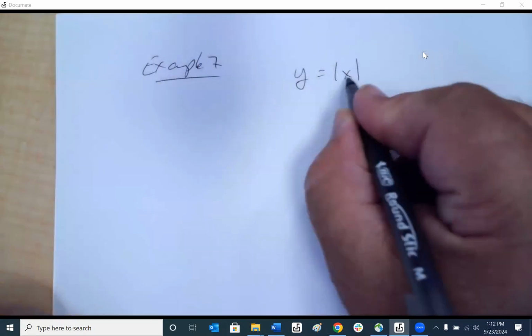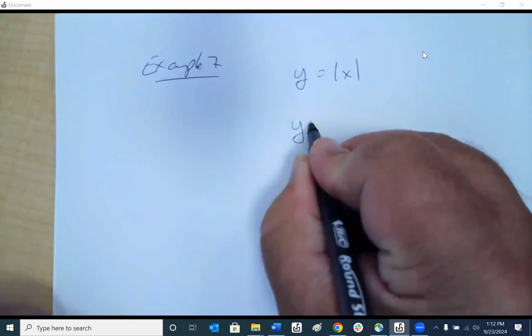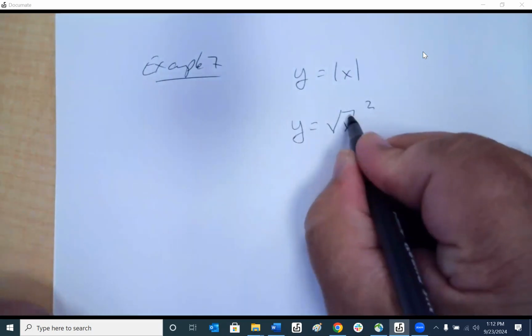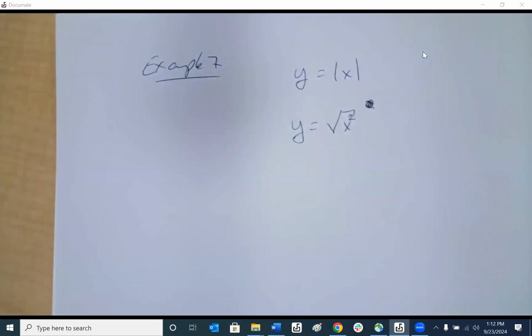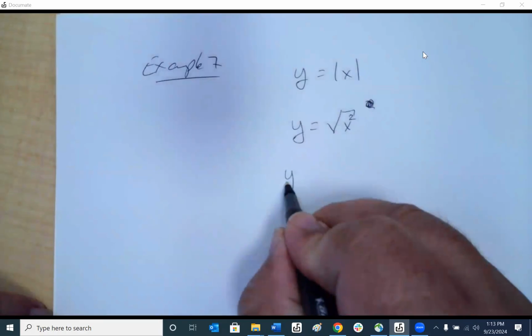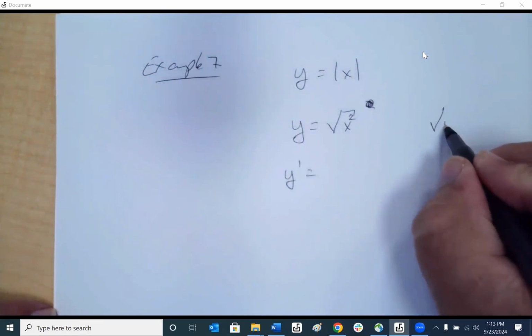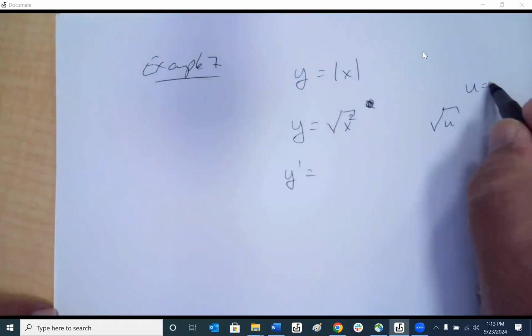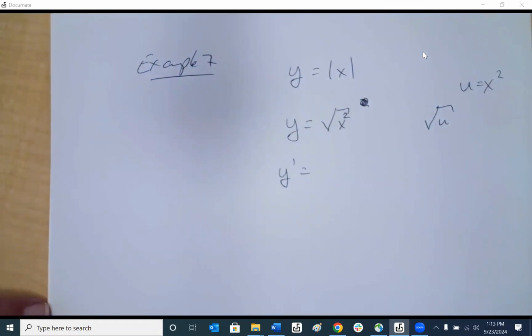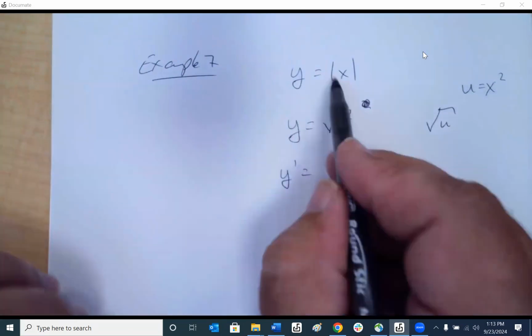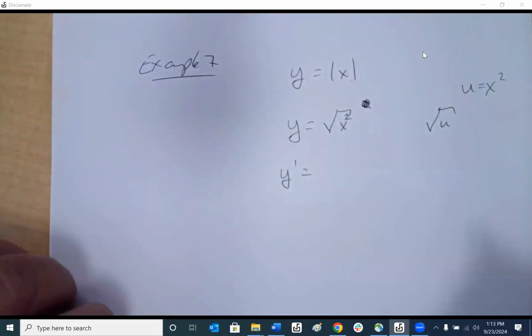So we have to figure out the formula for the derivative. It's the square root of x squared. In other words, we take the derivative. Let u be x squared. You can't cancel those because this has to represent the absolute value of x.